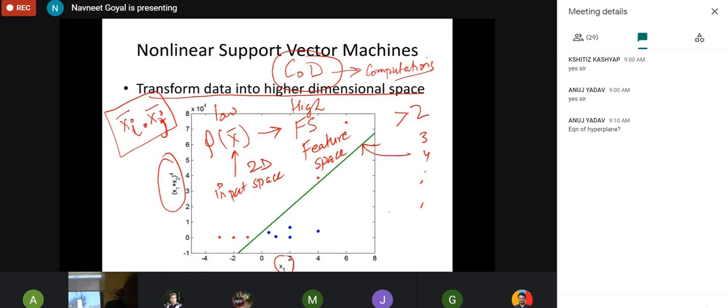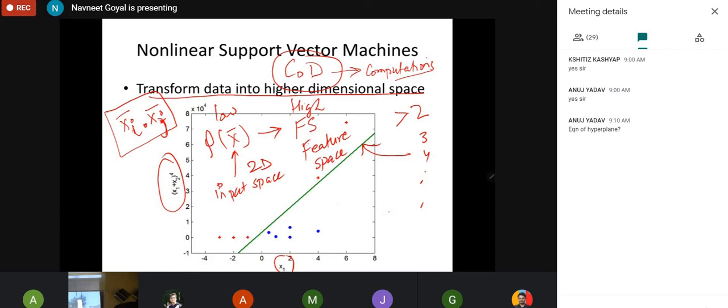Yeah, anybody? Sir, area of parallelogram. Not that. Sorry? Equation of the hyperplane. No, not the equation of the hyperplane. The representation of the vector in another one's direction. No. See, what does it do?